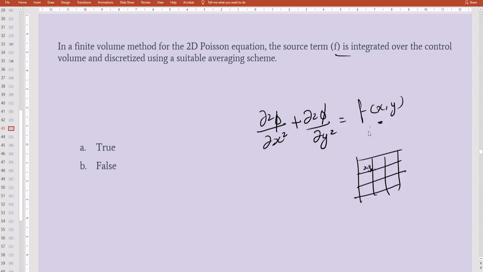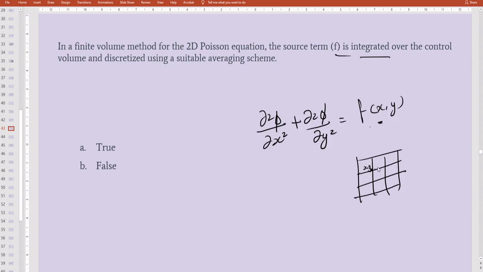When we have a source term that is a function of x and y, it should be integrated, because each and every point may have some influence of this source term.